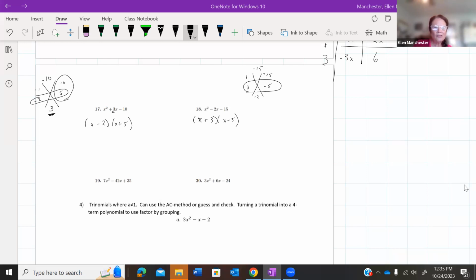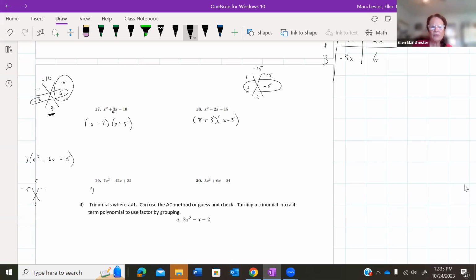Okay, so number 19, you always look and go, all right, what's in common? So number 19, you have a 7 in common. So when you divide out a 7, you end up with a trinomial. And now you take that trinomial and you can factor it, right? So now it's a 2-step. We factored out a 7, that's greatest common factor, and now we're going to factor the trinomial.